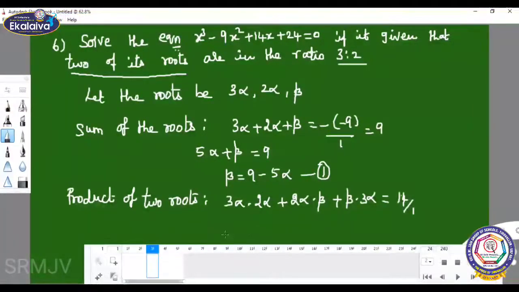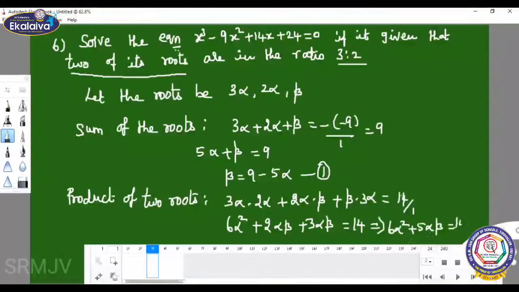So it means 6 alpha square plus 2 alpha beta plus 3 alpha beta equal to 14. 3 alpha beta equal to 14, which implies 6 alpha square plus 5 alpha beta equal to 14.